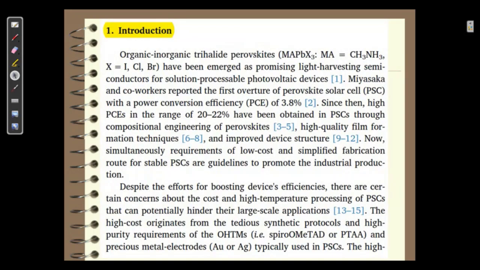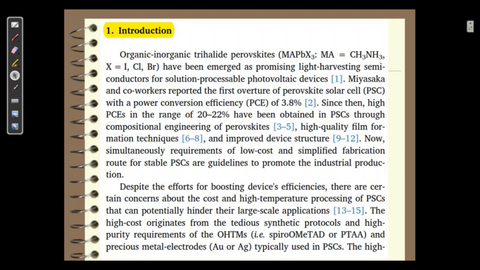In the same paper I showed before, we have an introduction section, and I will read a few things to make it clear. Organic inorganic trihalide perovskites, the material used as an active layer in perovskite solar cells, have emerged as promising light harvesting semiconductors for solution processable photovoltaic devices.